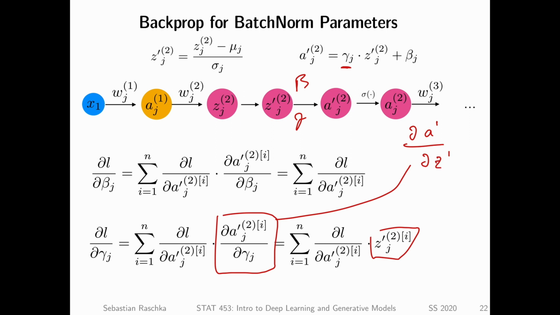It's exactly the same, except now the derivative would be just gamma, right? Because this is a constant and this one will become 1.